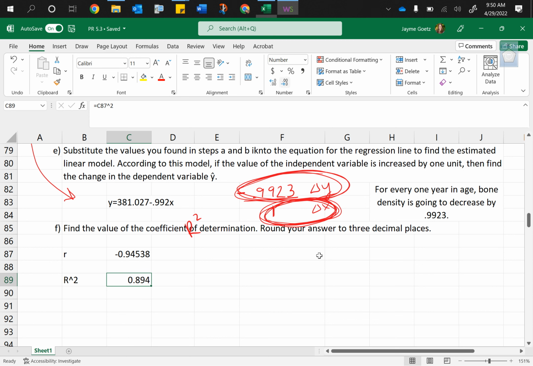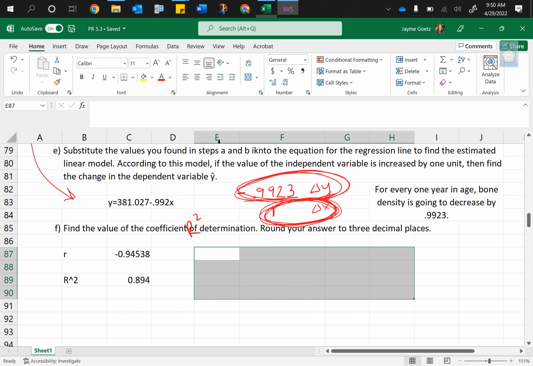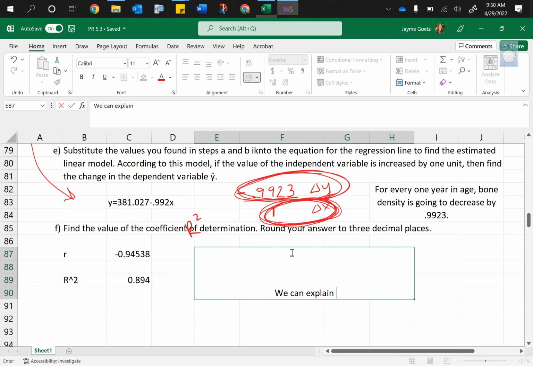Boom, boom, boom. And I'm going to come over here and I'm just going to explain what it means. It's really important that we have a comprehension of what these numbers mean, so they're not just numbers to us. Okay? That means we can explain about 89.4% of the variation with the model.